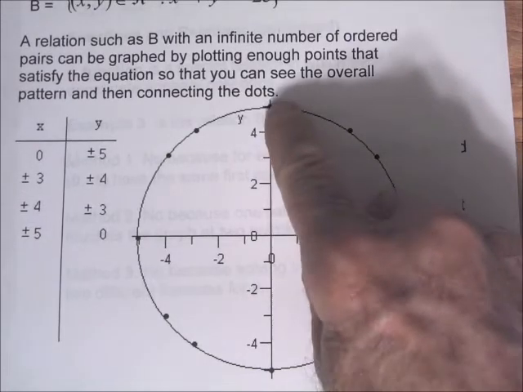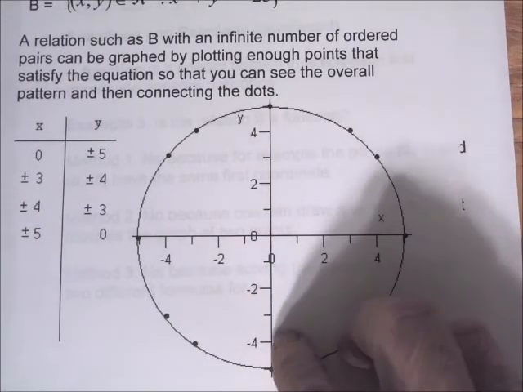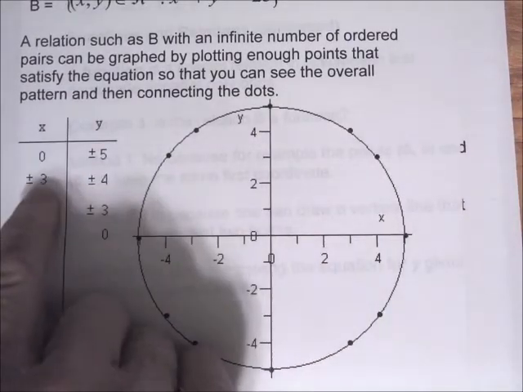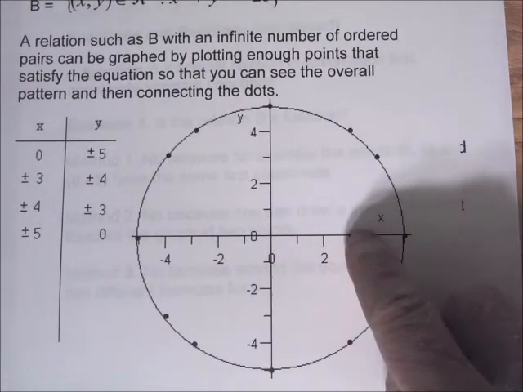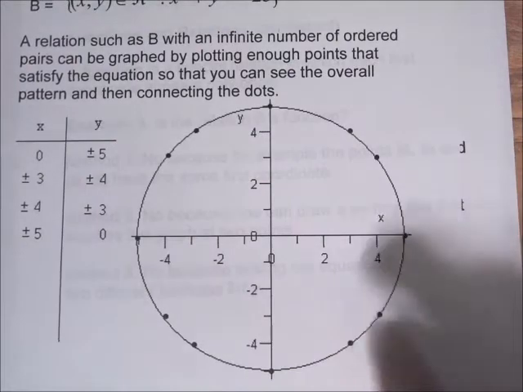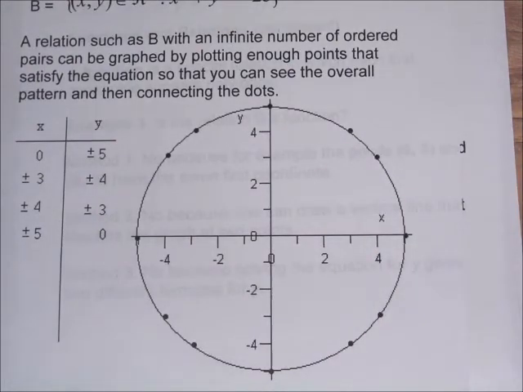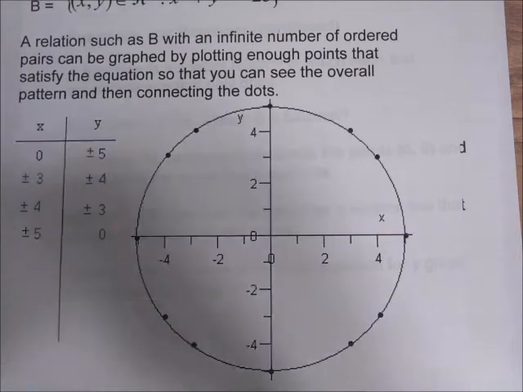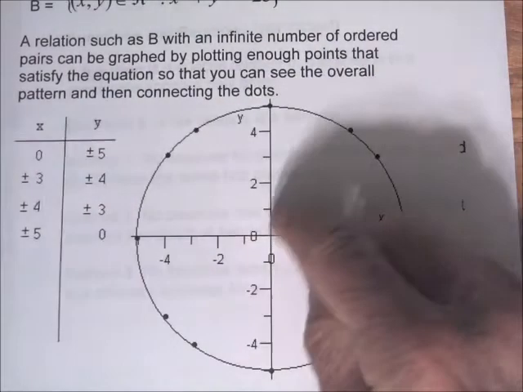When x is 3, y could be either 4 or negative 4. You can see that on the graph too. So each first coordinate appears more than once, and so here y is not a function of x.